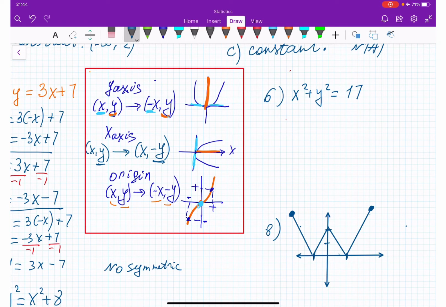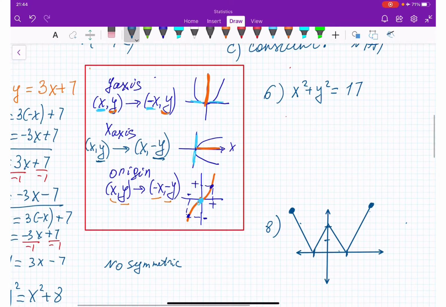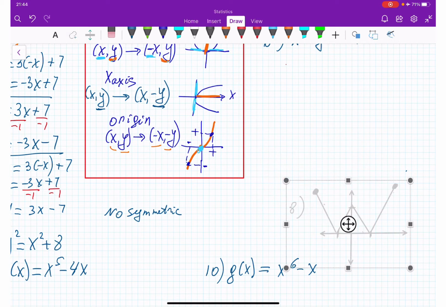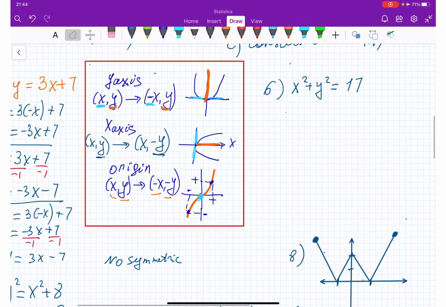Let's check the y-axis. Let me move this down because I will need all the area I have. All right, checking the y-axis, which means my x is changing, right? For the y-axis, I have x and then negative x. So plugging positive x, negative x, I have to get the same equation.